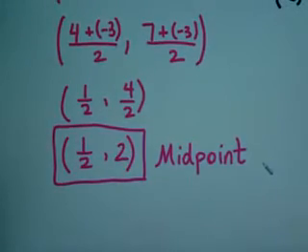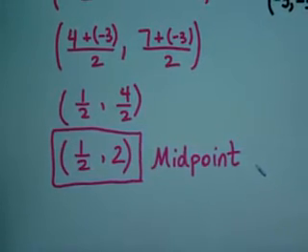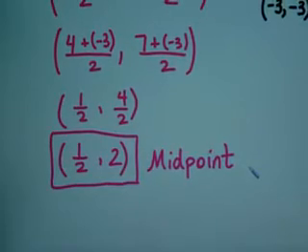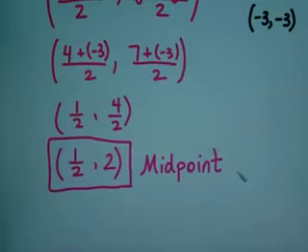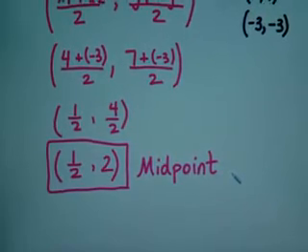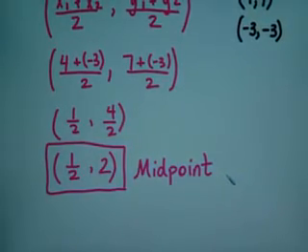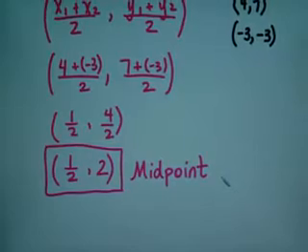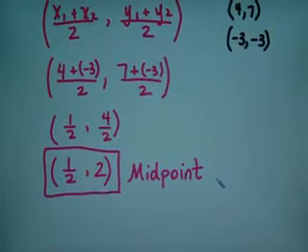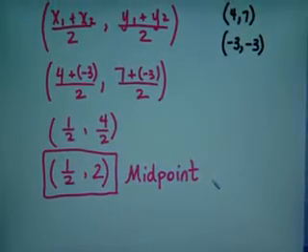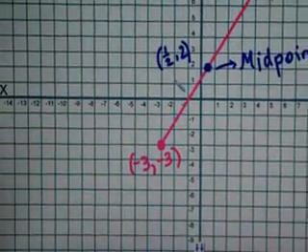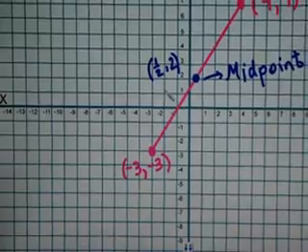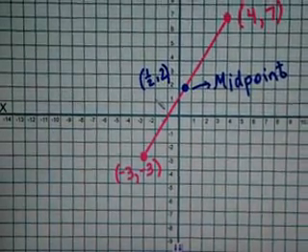We substitute our x values and our y values into our midpoint formula. When we add our x values together, we get 1 over 2. When we add our y values together, we get 4 over 2. So our midpoint is (1/2, 2). You can see we have marked the midpoint (1/2, 2) on the graph.